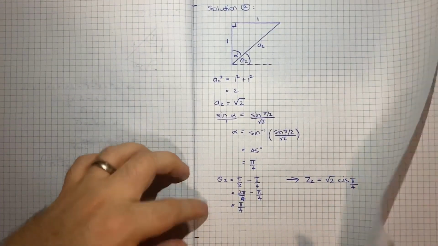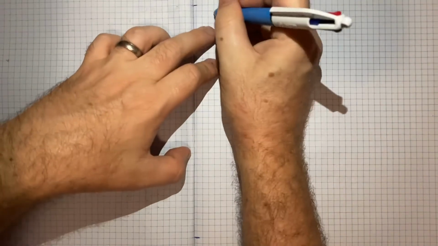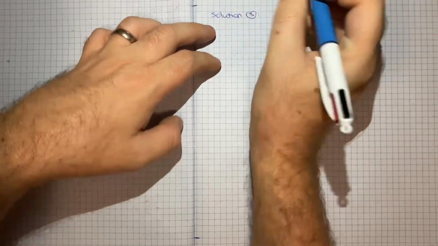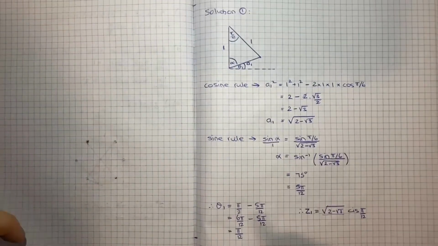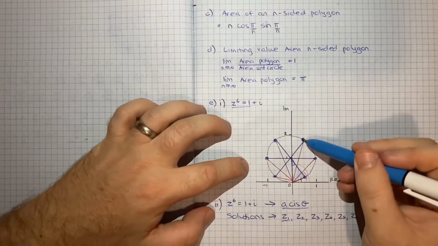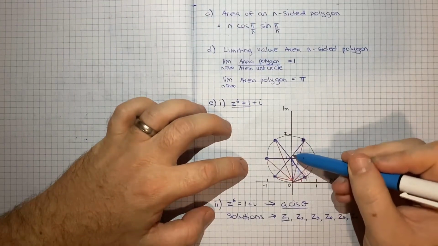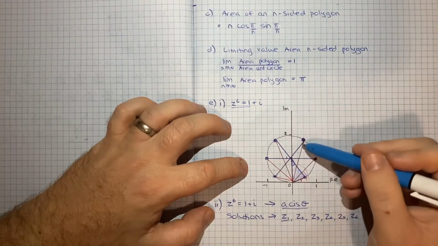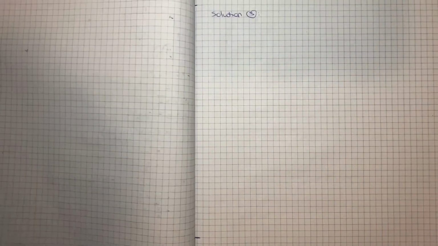If I turn over for solution 3, again, if I come back to this diagram, so we're at this point now, and it's really this triangle. And again, I've got two sides that I know the length is 1 because we're on the unit circle. So I'll just draw that.